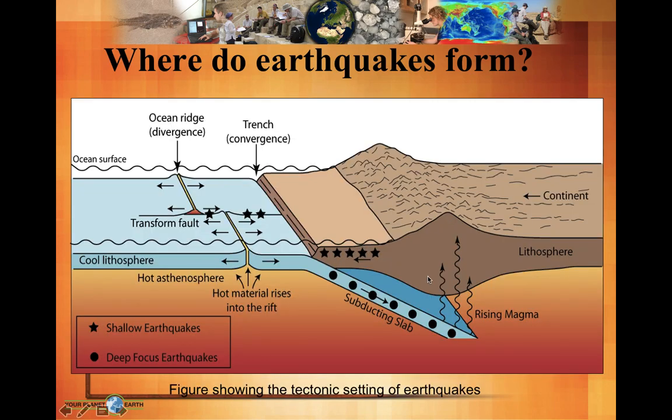Okay, so earthquakes, where do they form? Look at this diagram first. And this is a subduction zone. We have oceanic crust here coming into continental crust. It is a convergent boundary still. This is the subduction zone of the convergent boundary. See right here, convergent trench.